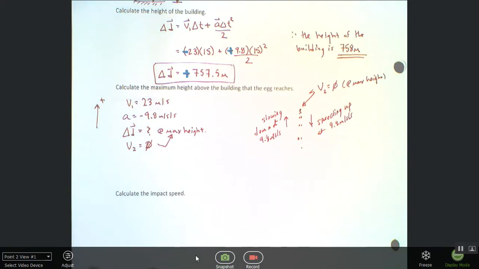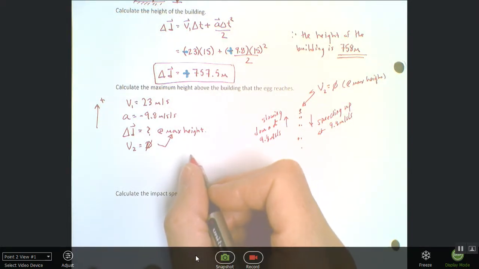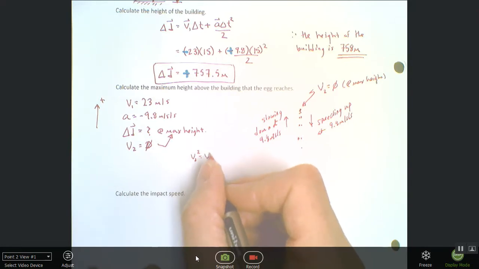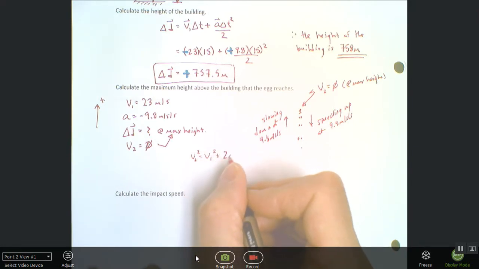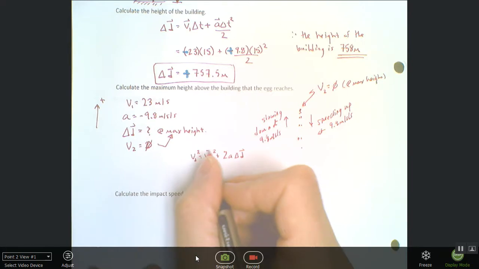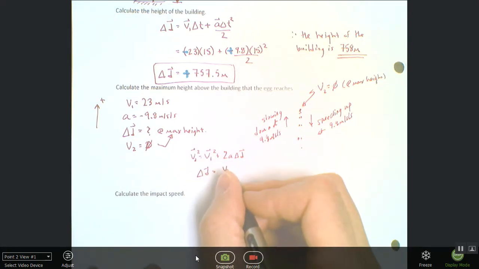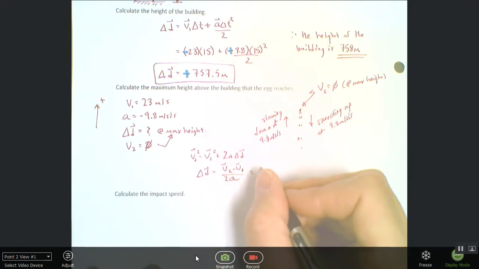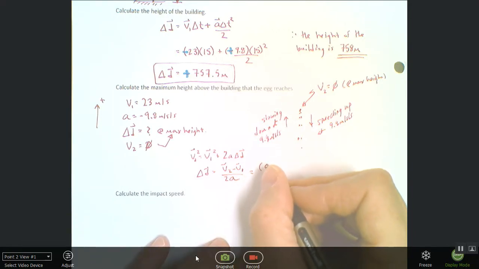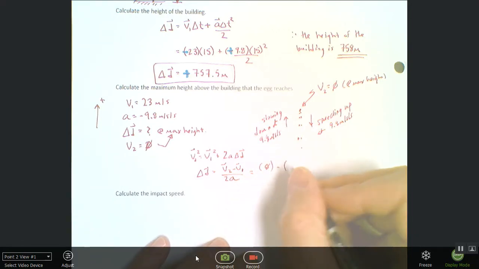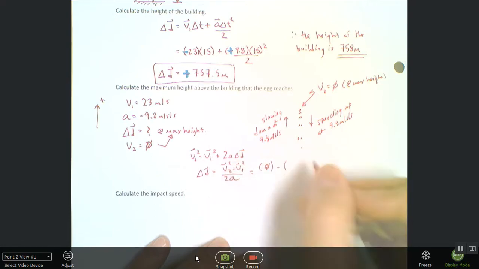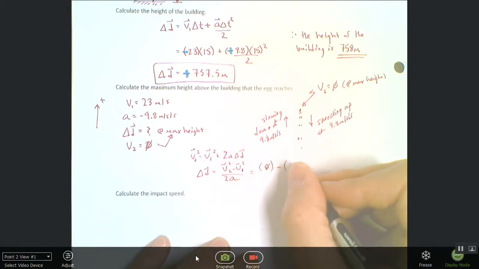Well, if that's the case, then we can simply at this point go V2 squared equals V1 squared plus 2a delta d. Again, I'll throw the vector signs in there. We're solving for delta d. It's a very simple rearrangement of the formula, like so. Plug in our values. So V2 is 0. Notice I'm being very, very clear about putting in the negative signs in the brackets.